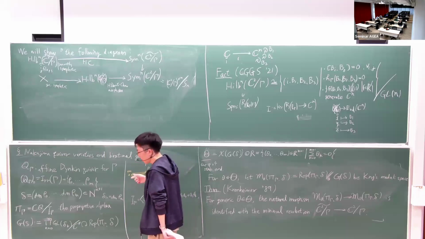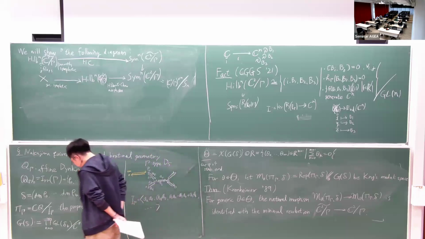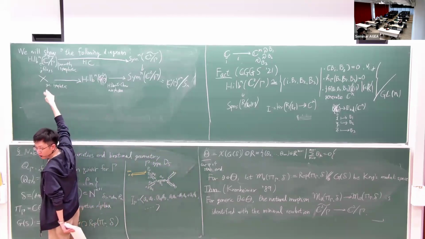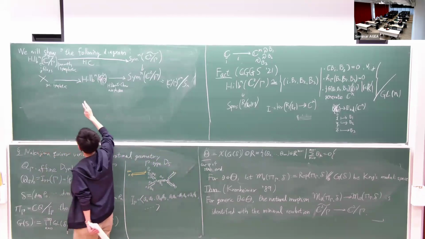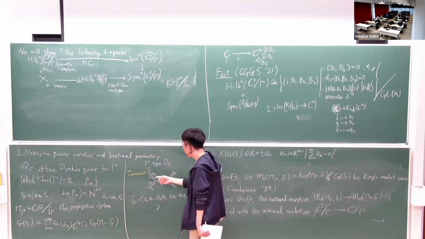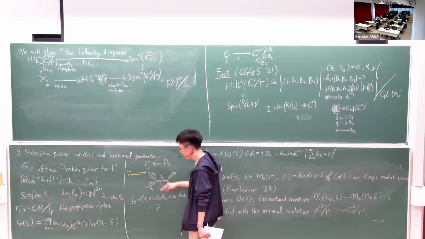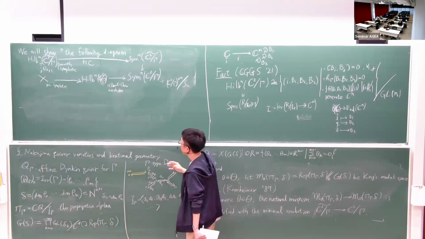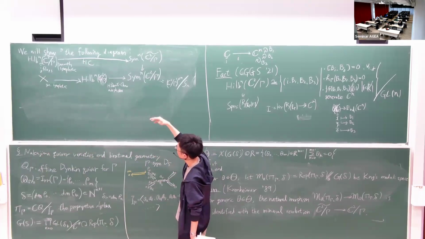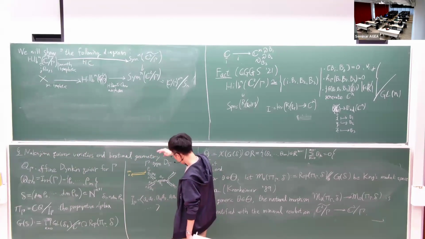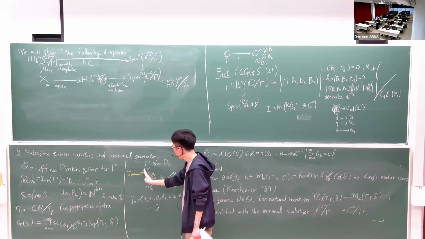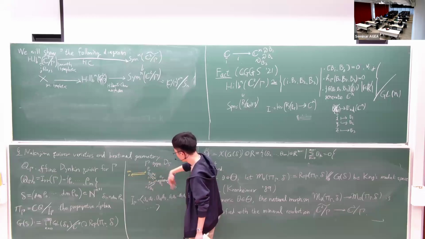In fact, for these two symplectic resolutions, they have the same number of exceptional divisors as the number of vertices here. So the Picard number of the resolutions is equal to the number of vertices without the infinite vertex.